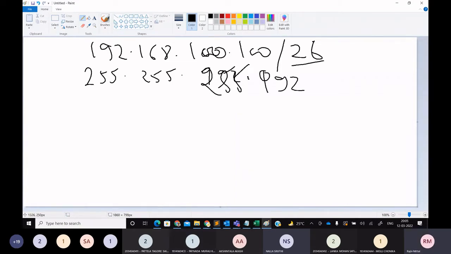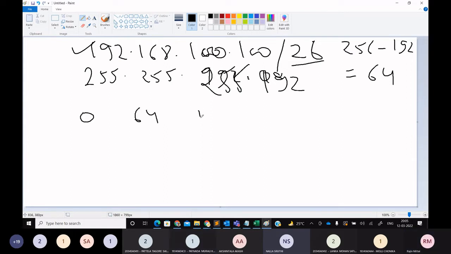Now I want to find the network address and broadcast address for this IP. As I told you, you take 256 minus 192. How much will it come? 64. Now you write 0, 64, multiples of 64.